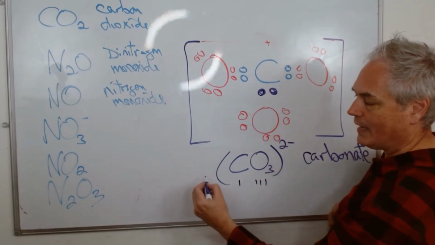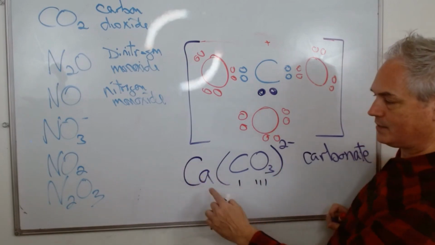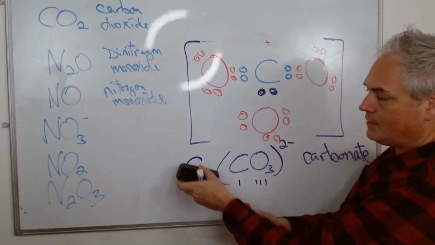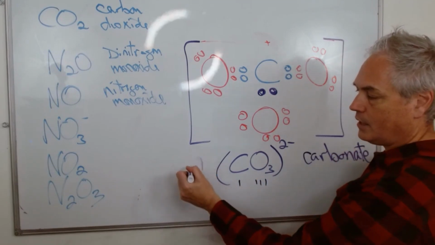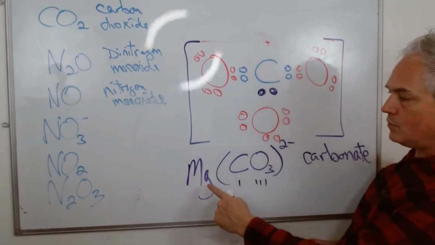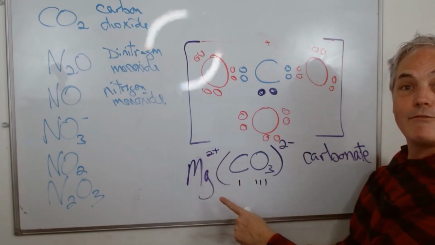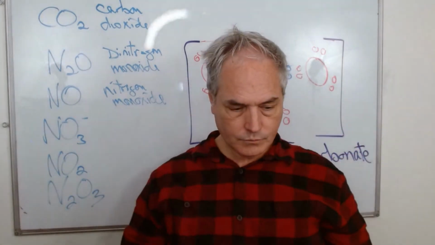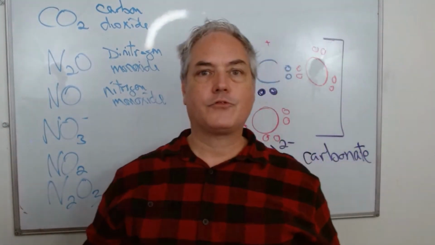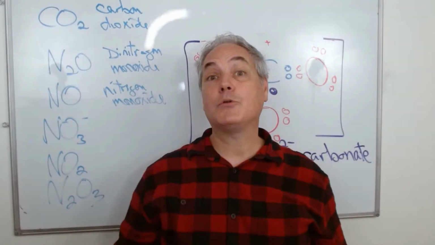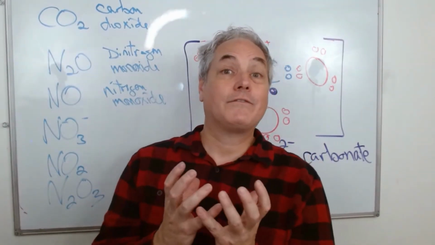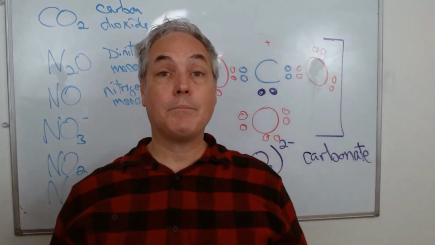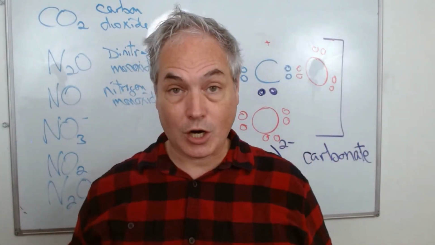If it happens that we have calcium close by, it will become calcium carbonate. If we have a magnesium that is 2+, then we have magnesium carbonate. And these exist because if you think of shells, for example, of the different animals in the ocean, the shellfish, they are all made of magnesium carbonate and calcium carbonate.